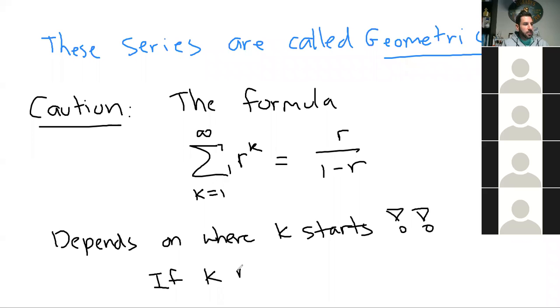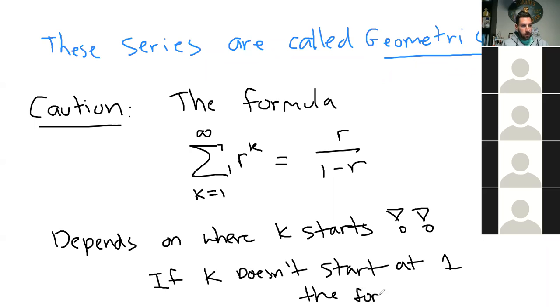If k doesn't start at 1, the formula changes. If you look at a lot of the homework problems, it doesn't always start at 1. Sometimes it starts at 0 or 2 or 3. So the formula changes.